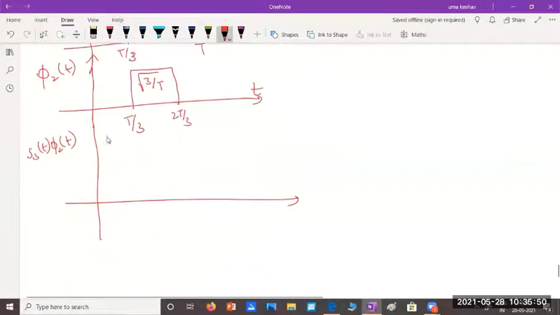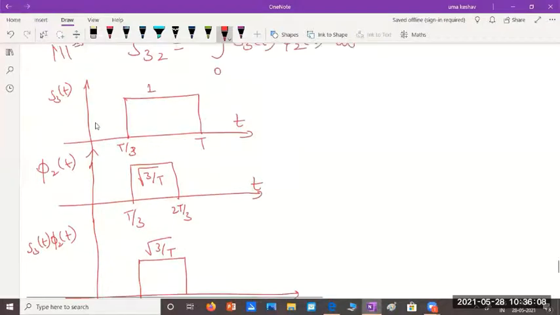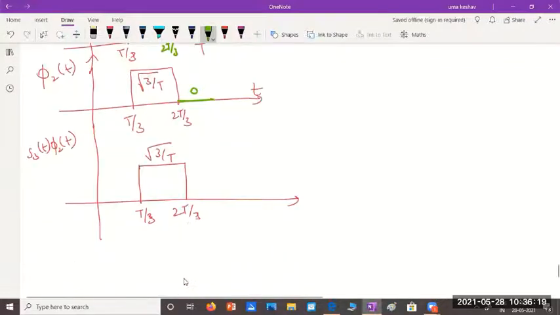So it will remain as root 3 by t in this range, because this into 1 will give you the same. And from 2t by 3 to t, this is 1, but this is 0. So your final product will also remain as 0.